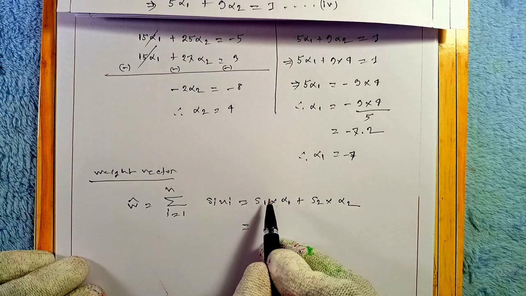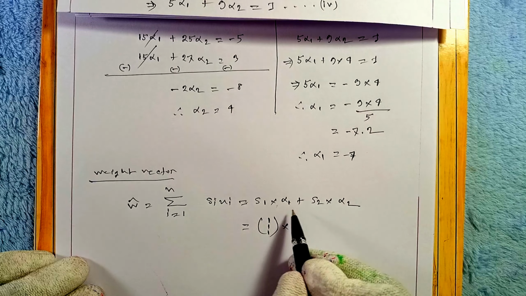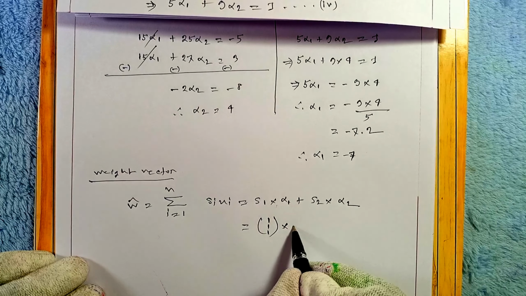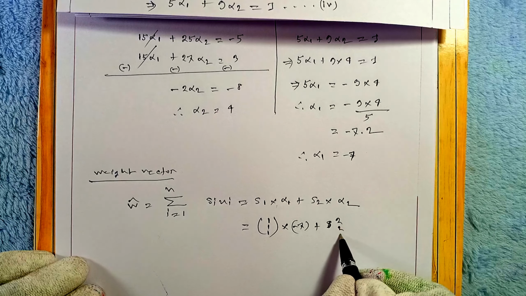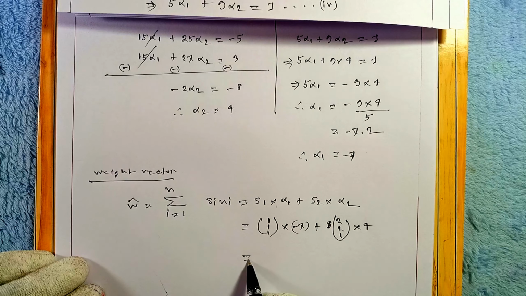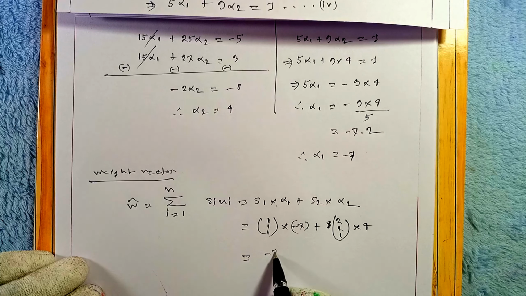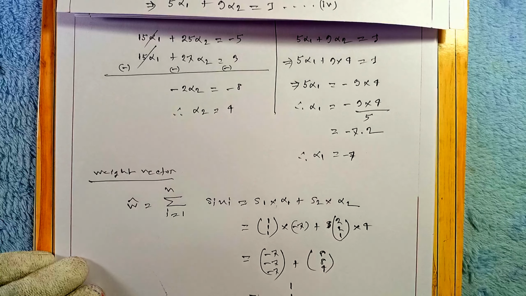We know s1 is (1, 1, 1) into alpha 1, that means minus 7, and s2 is (2, 2, 1) and alpha 2 is 4, into 4. So we got minus 7, and plus we got the value 8, 8 and 4. So we got the final value (1, 1, minus 3).